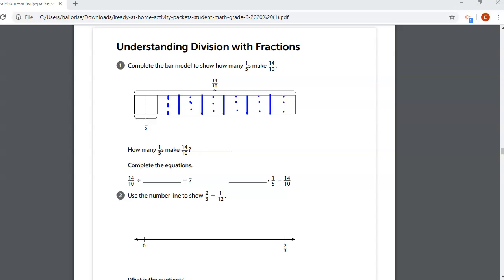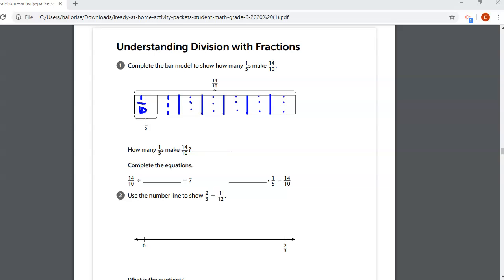So how many of the little ones do we have? We have 1, 2, 3, 4, 5, 6, 7, 8, 9, 10, 11, 12, 13, 14. So each of these ones divided into 2 is 1/10, because we know we have 14/10 altogether.